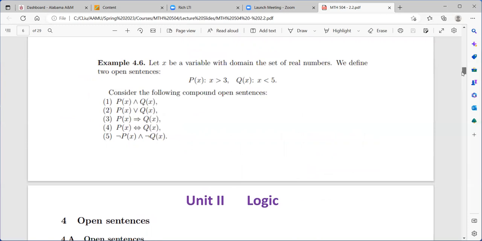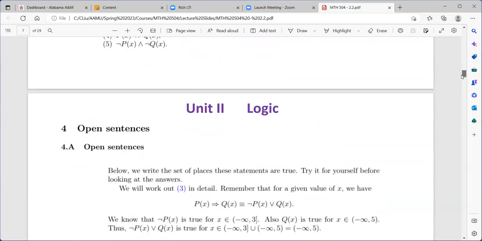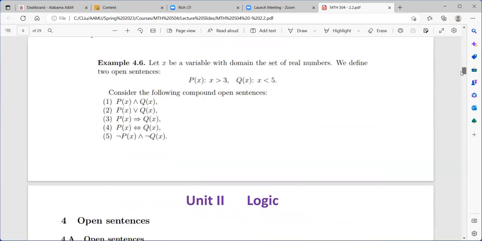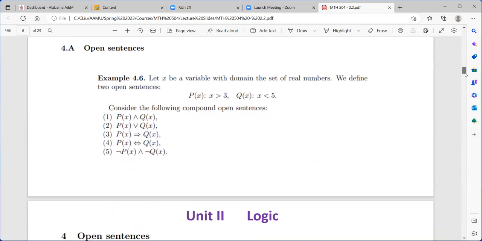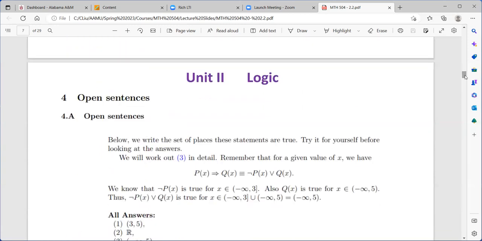It's greater than or equal to 5, I think. Oh, x greater than 3. I'm sorry, x greater than 3. So x greater than 3. Take the intersection with that, and x less than 5 from P to Q. So from P to Q, we got x less than 5.